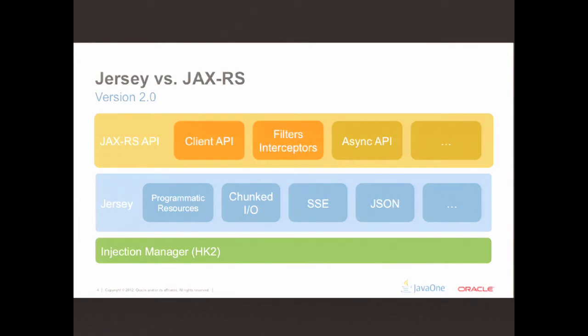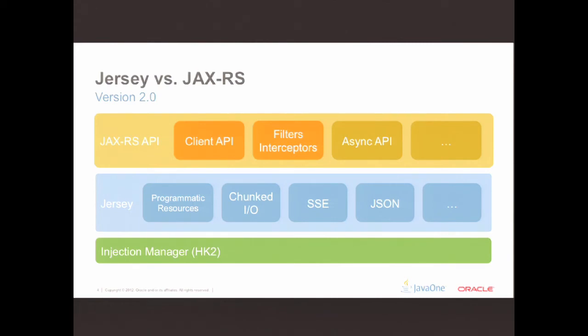As well as we decided, hey, it's probably a good time to rethink our philosophy, how we are internally designing Jersey code base, and we decided to take the proprietary Jersey injection manager that we spent quite a lot of time on updating, keeping up to date, and providing support for, and we decided to ditch it and replace it completely with the off-the-shelf solution, basically provided by HK2.